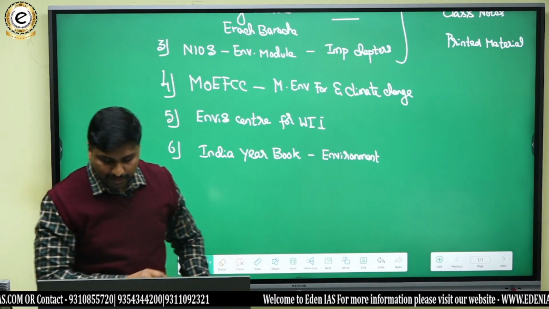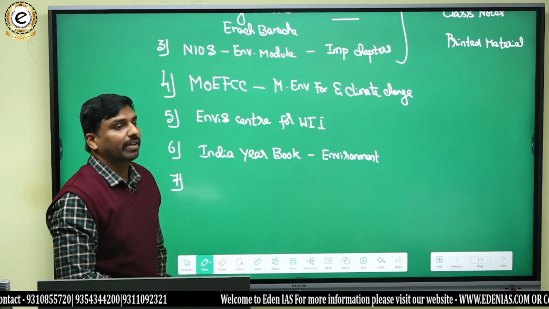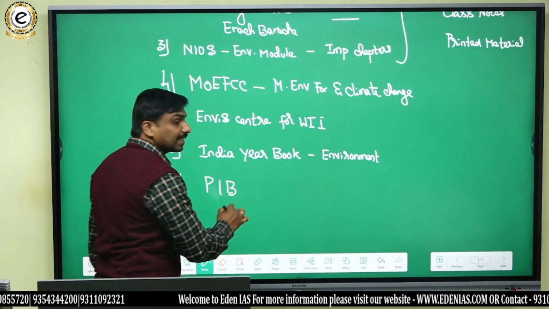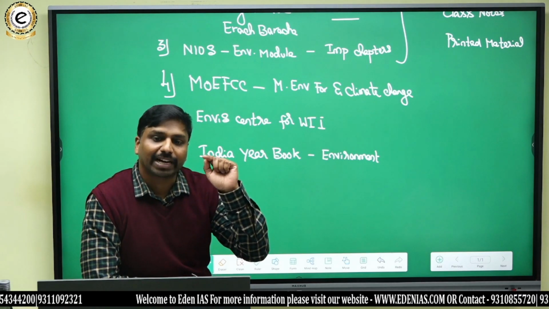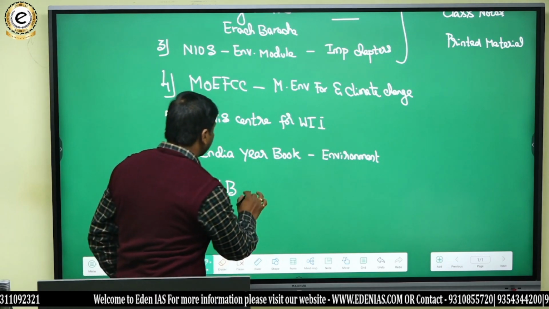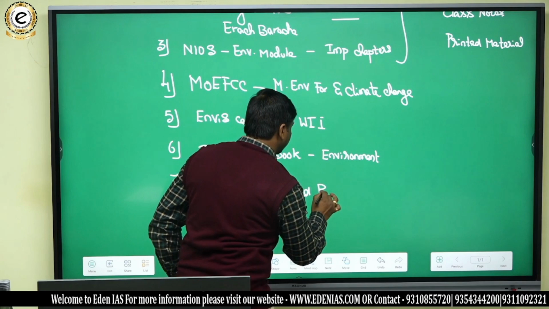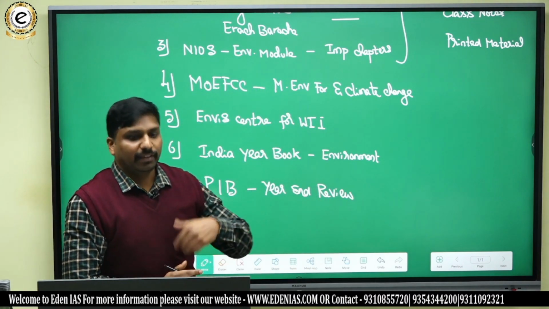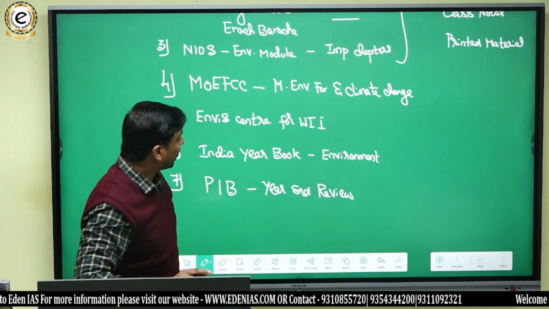And apart from this, you can also refer to the Press Information Bureau, PIB. Have you heard of it? PIB will publish one year-end review. We will call that the year-end review. For example, if you're going to attempt the exam in 23, you have to follow the year-end review of 2022.